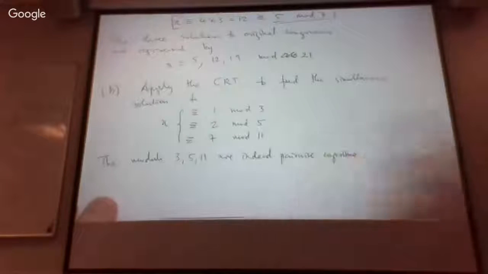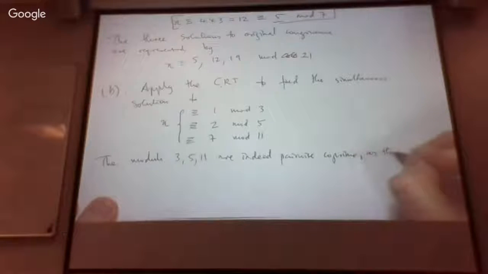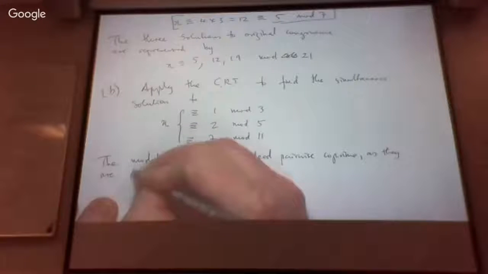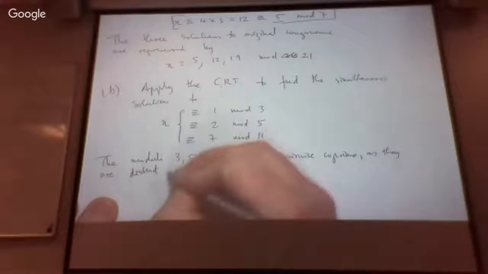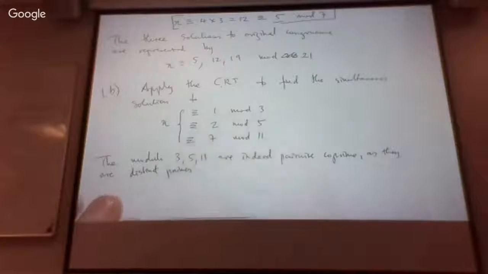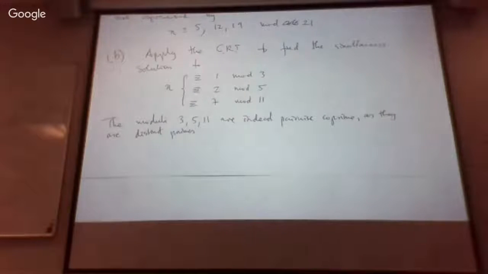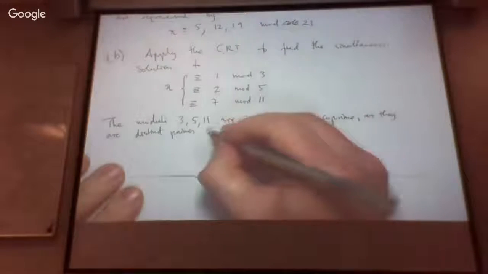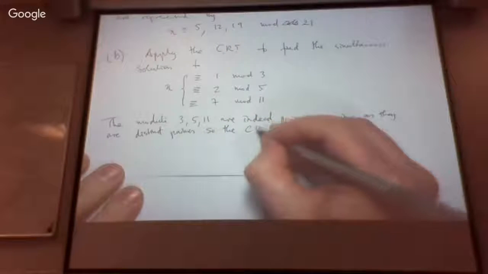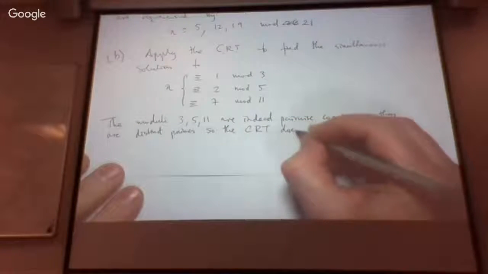Easiest way to justify that is because they are distinct primes. Distinct primes can only possibly share the positive factor 1. So the greatest common divisor is always going to be 1. So the Chinese remainder theorem does apply here.